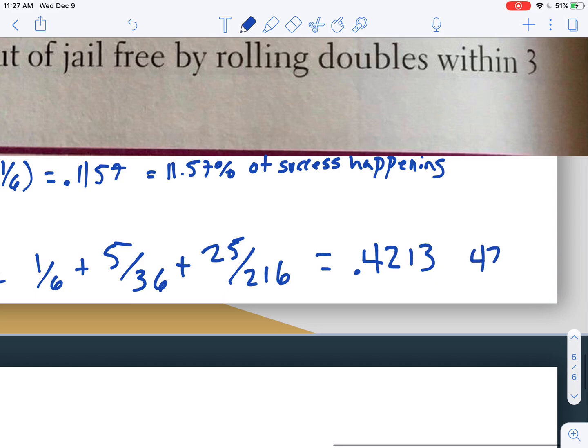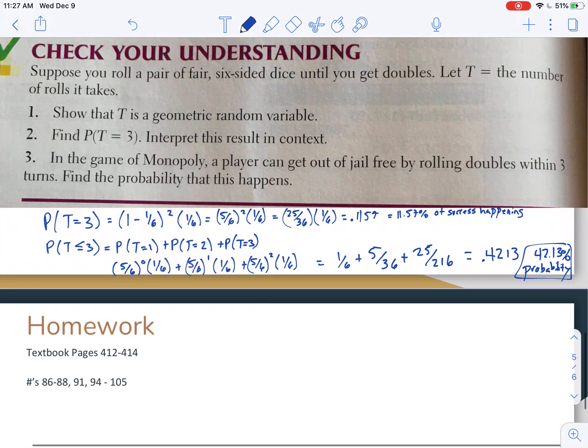So you've got a 42.13% probability of rolling doubles within your first 3 turns.